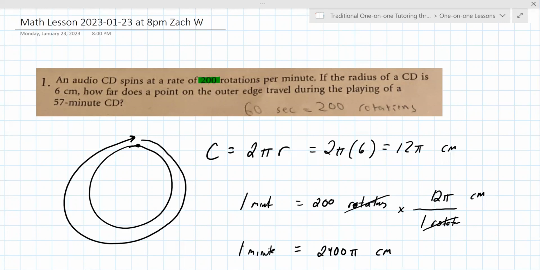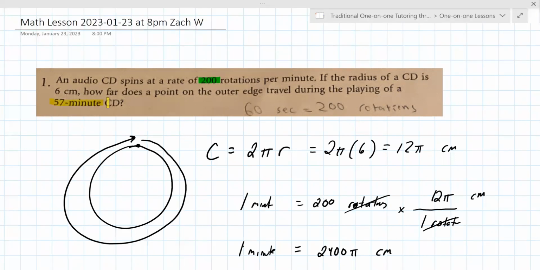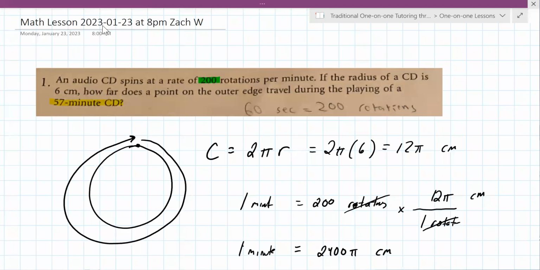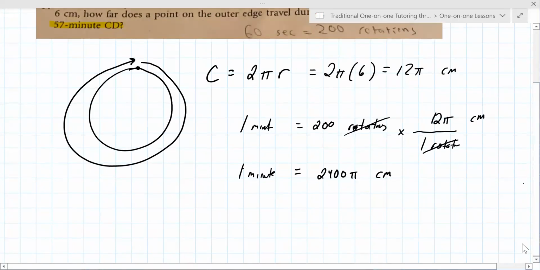2400 pi centimeters. But the CD plays for how long? The CD plays for 57 minutes. So you have to take that answer and multiply it by 57. And then that would give you something you'd want to use a calculator for.